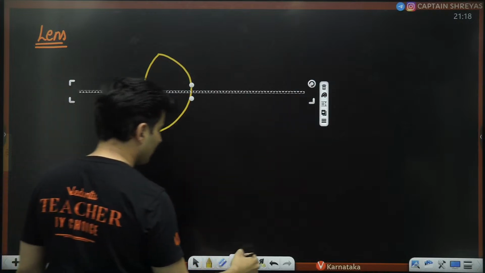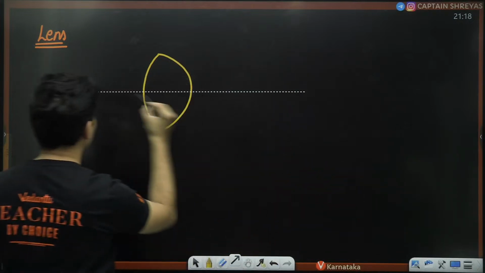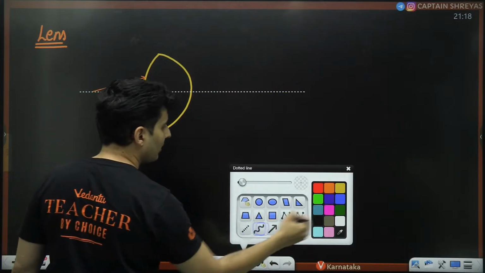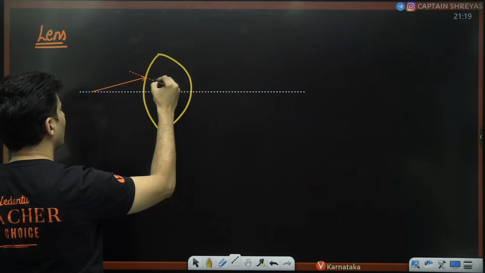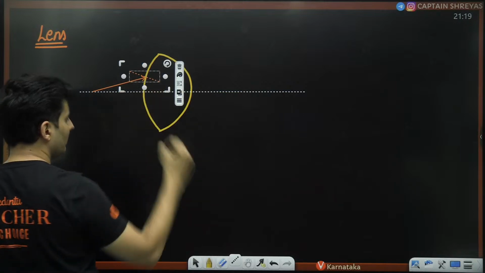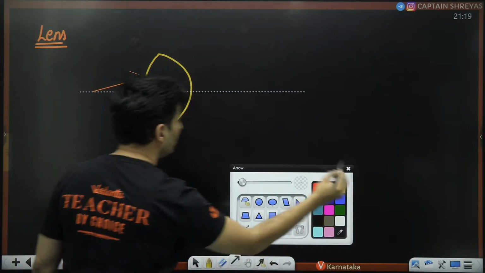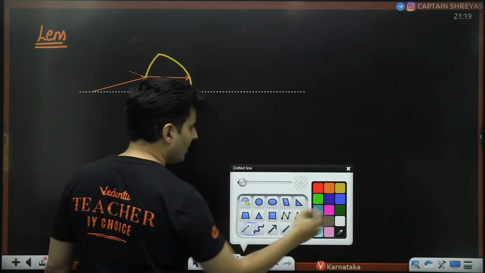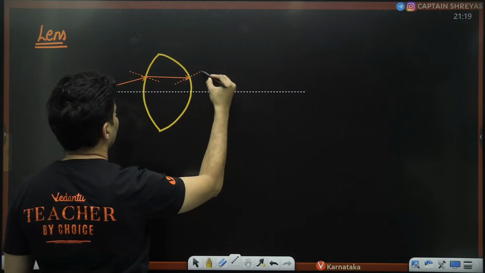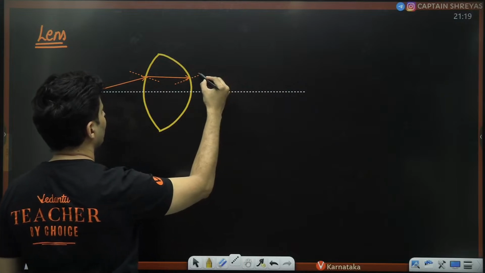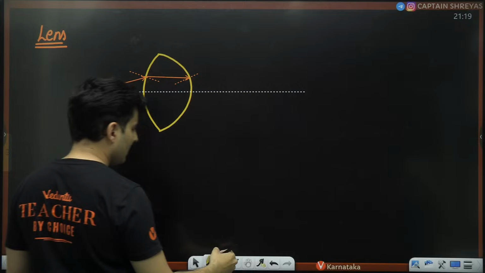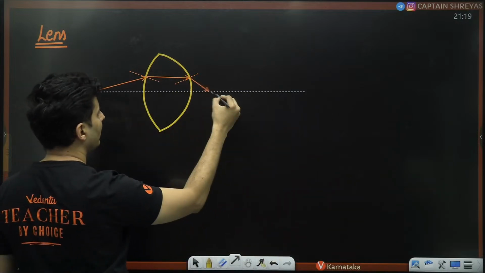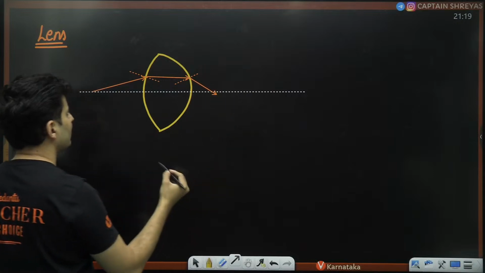Maybe a ray of light comes like this, and at that exact location, if you draw a normal, maybe it's going from rarer to denser, so it will bend towards the normal. And again, let's say we draw another normal right over here. Maybe it's going from denser to rarer, so it will bend away from the normal, and it will go like this.